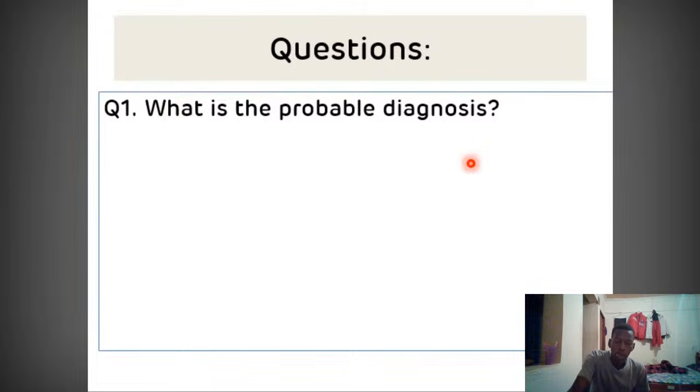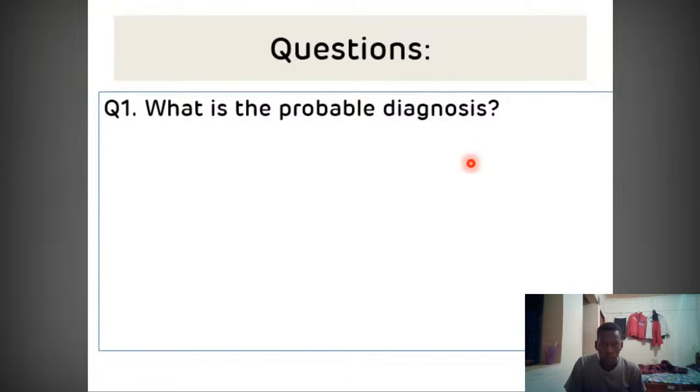Plus, there was a presence of glucose in the urine as well, that is glucosuria. So all these clues, all this information is pointing toward only one diagnosis, that is diabetes mellitus. And in diabetes mellitus, it is type 2 diabetes mellitus because the age of the patient was 58 years and the patient was obese.